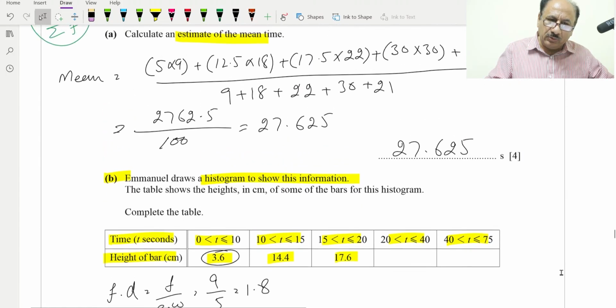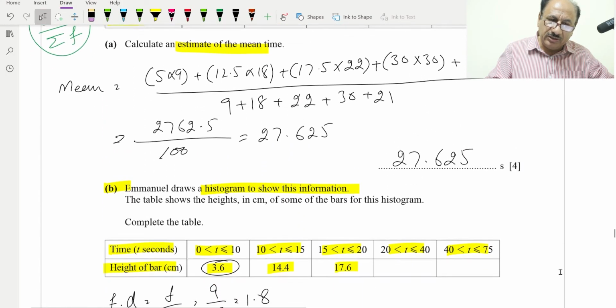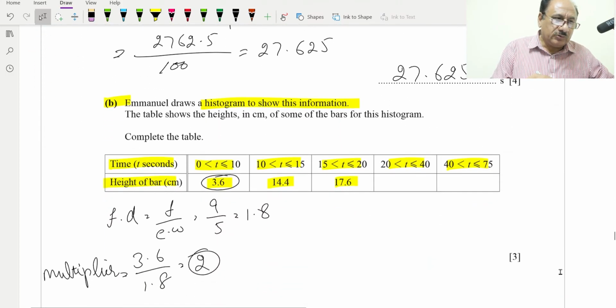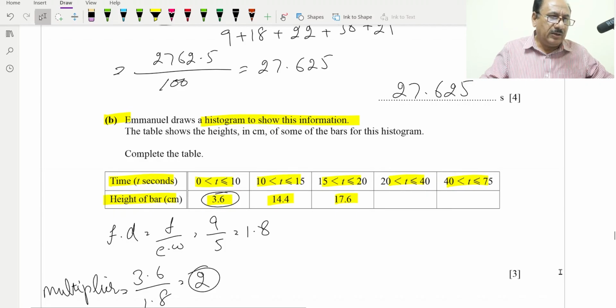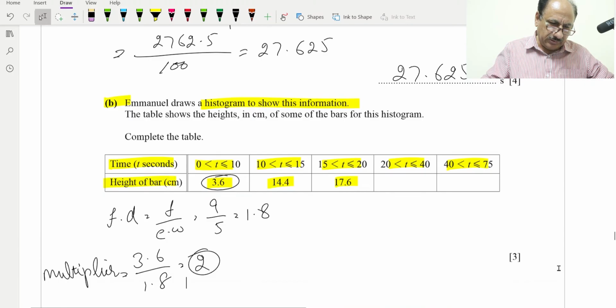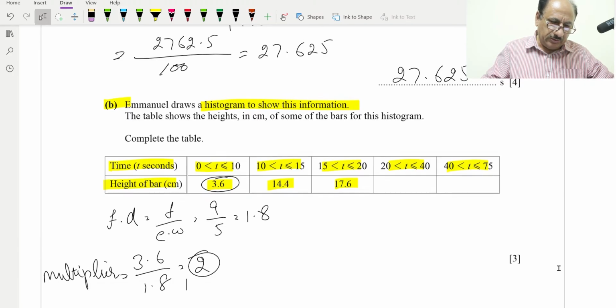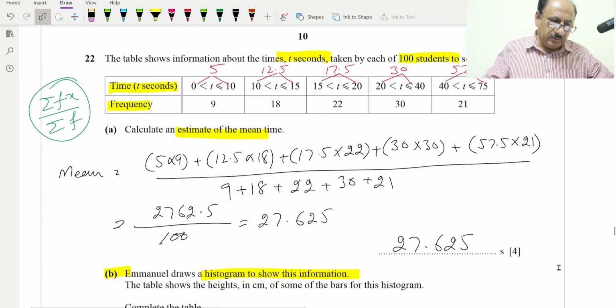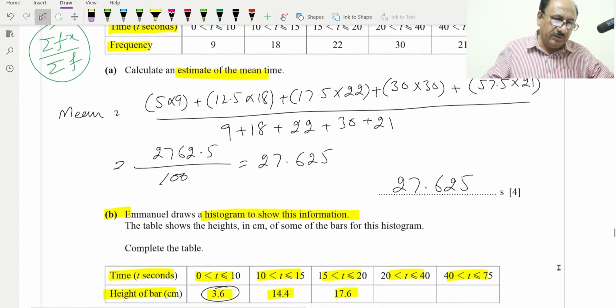Now we can calculate for 20 to 40. 20 to 40 is 30 divided by 30. Basically we have made some mistake. For the first one, 9 divided by class width, basically we have taken mid range.